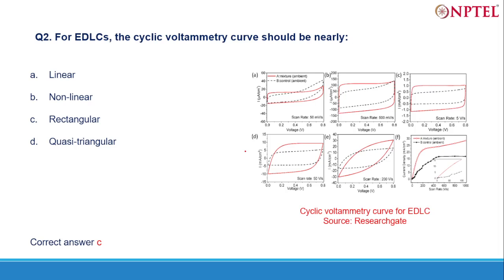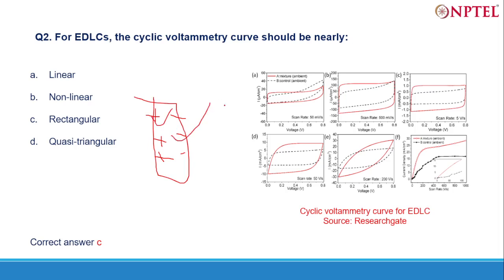The next question is, for EDLCs, the cyclic voltammetry curve should be nearly. EDLCs are electric double layer capacitors. This is plus charge, this is minus charge, so it forms a double layer of charge.